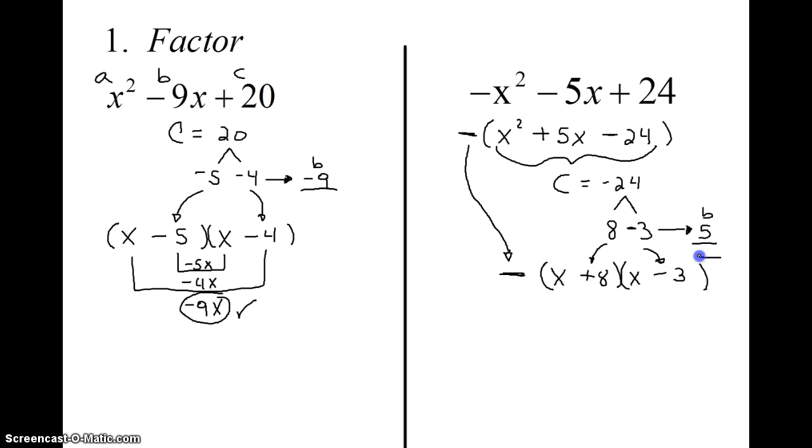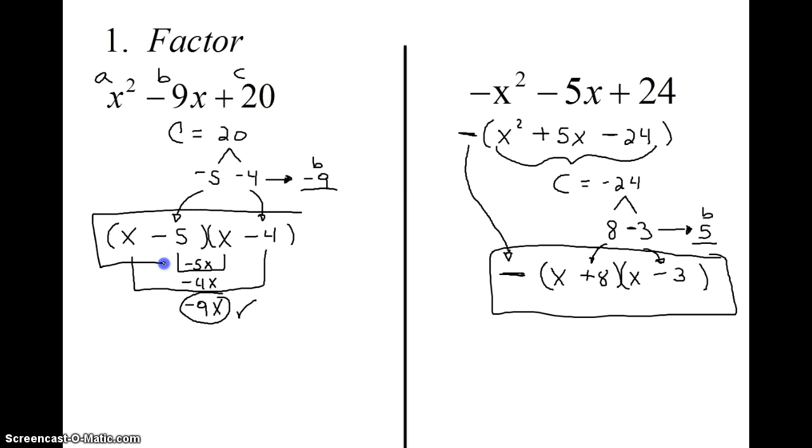And this is our answer. Once again, you can check by multiplying the two terms, the inner and the outer, but we have our two binomials. So we are looking for those two parentheses. If we go back to the left one, same thing. Our answer is actually the two parentheses.